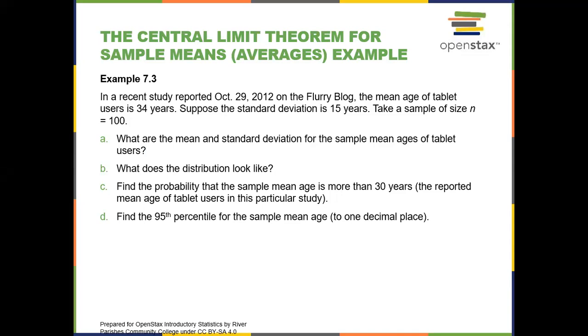The standard deviation of the sampling distribution, or standard error of the mean, is the standard deviation of the population, 15, divided by the square root of the sample size. Second button and x squared button on the TI-84 gives you the square root. Inside the square root, sample size 100, and it is 1.5.